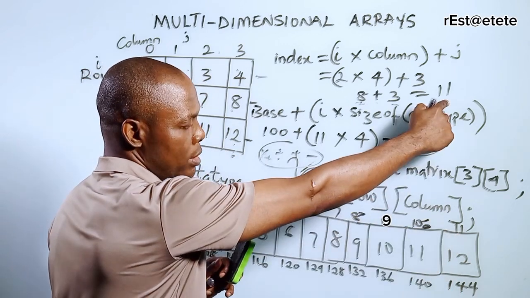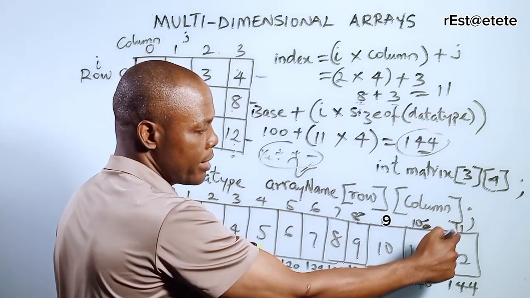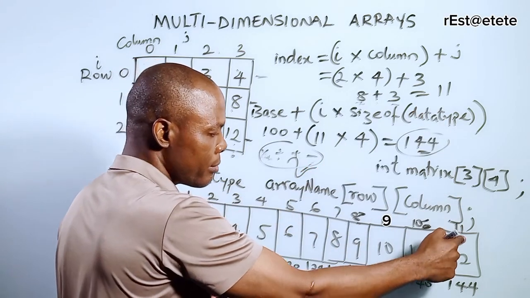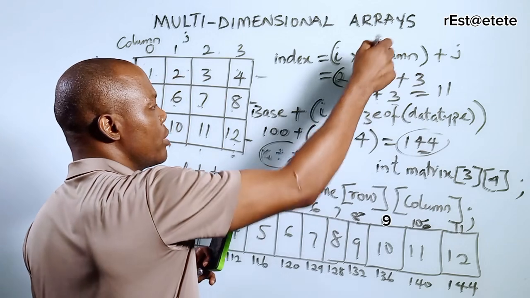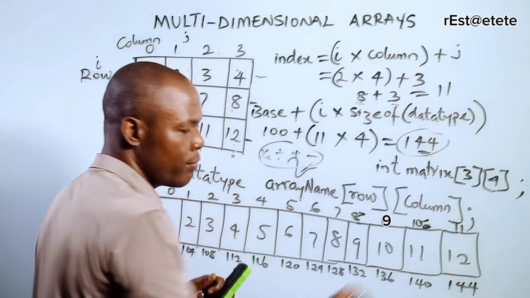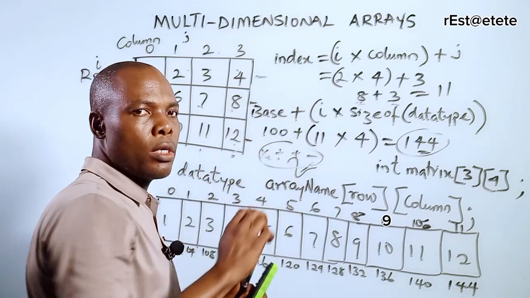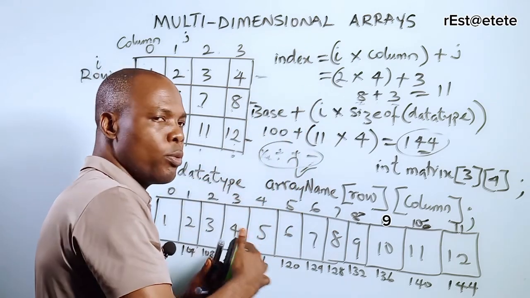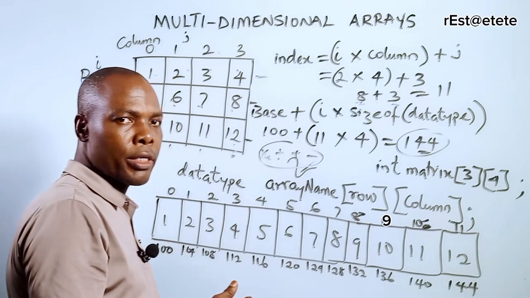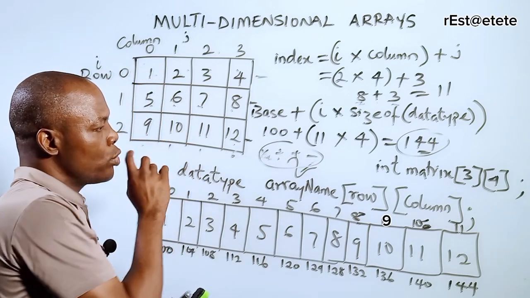That's what we've gotten here. So that is how we got this 11. And then substituting it into this place, this formula will give you the address as 144. So the compiler has this equation in calculating the position of the element in the memory. So that is what I want to show you in this class.